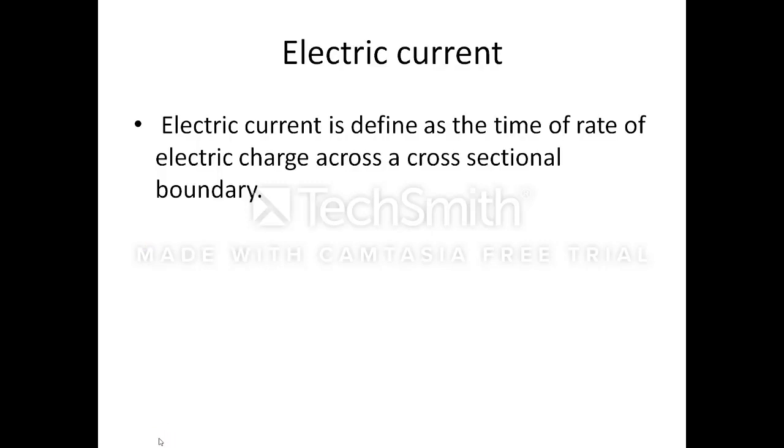So we start. What is electric current? Electric current is defined as the time rate of electric charge across a cross-sectional boundary.